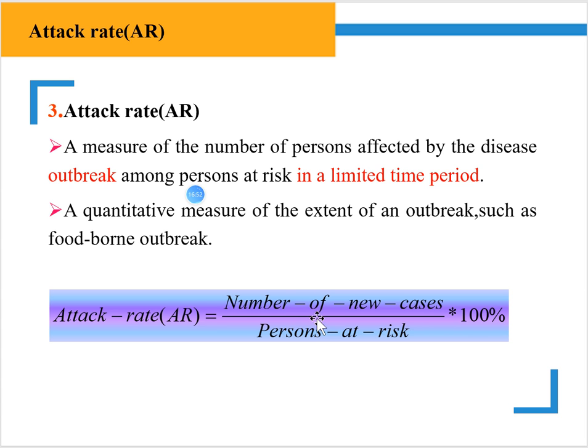The numerator is the number of new cases in a shorter period of time, usually less than 1 month. The denominator is the number of persons at risk during the same time as that of the numerator. K-value is usually 100%.